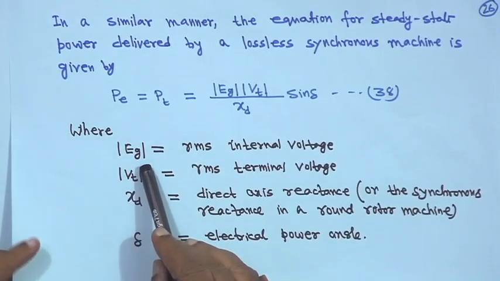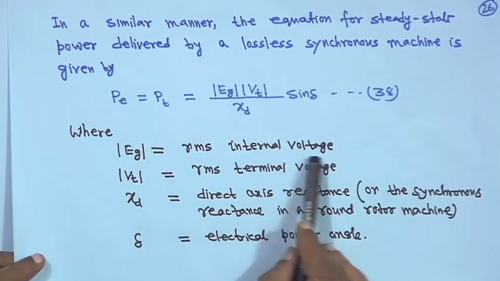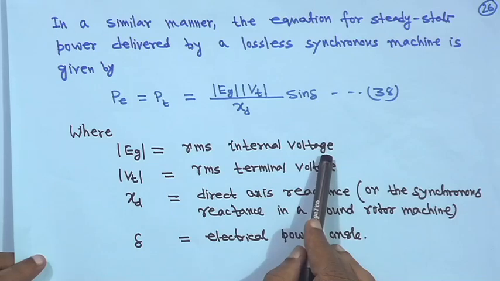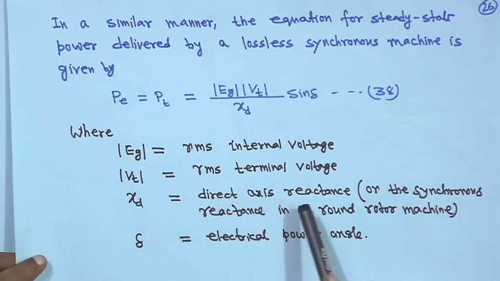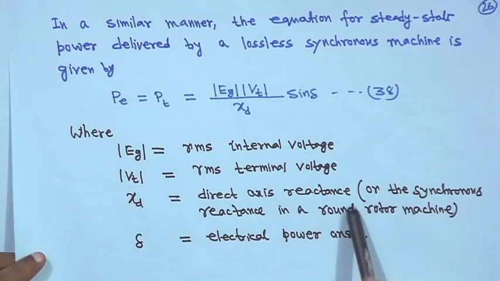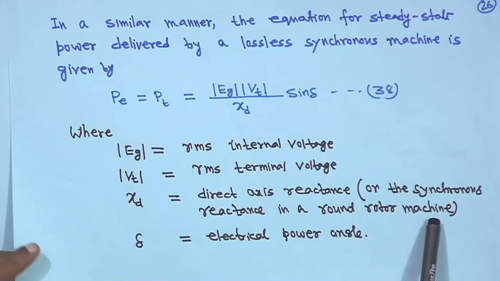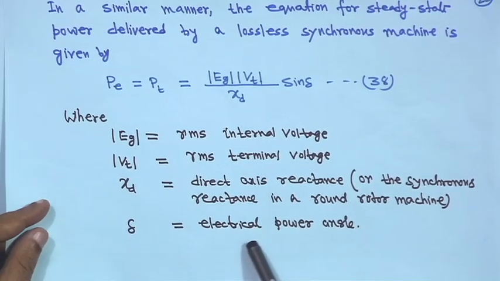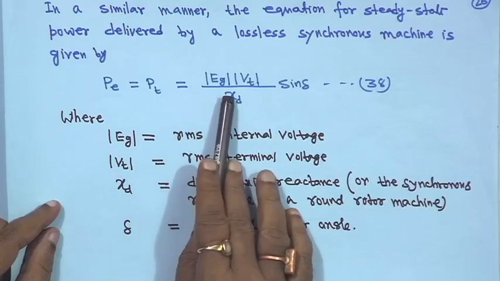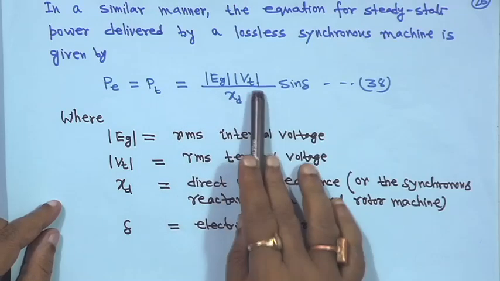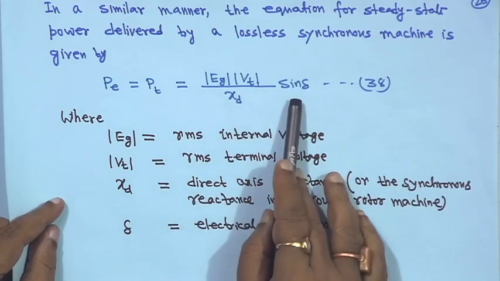Here, magnitude E g is the RMS internal voltage of the synchronous machine, magnitude V t is the RMS terminal voltage of the synchronous machine, x d is the direct axis reactance, or the synchronous reactance in a round rotor machine, and delta is the electrical power angle. So, P is equal to P t is equal to magnitude E g magnitude V t upon x d sin delta.